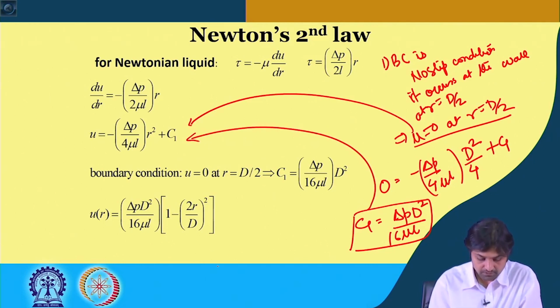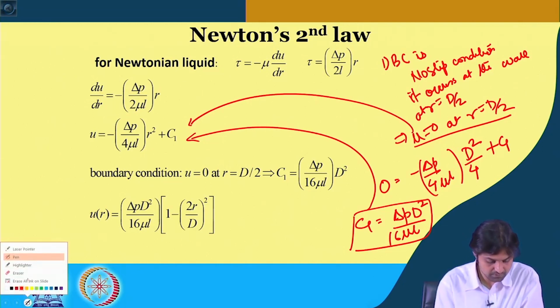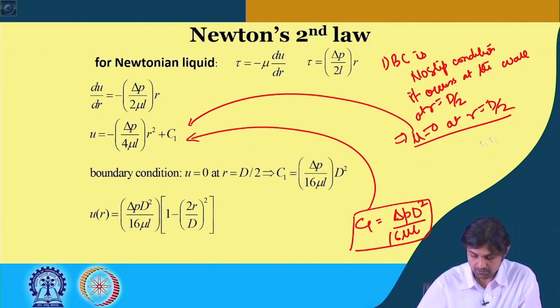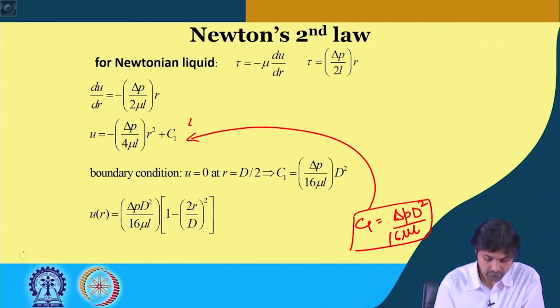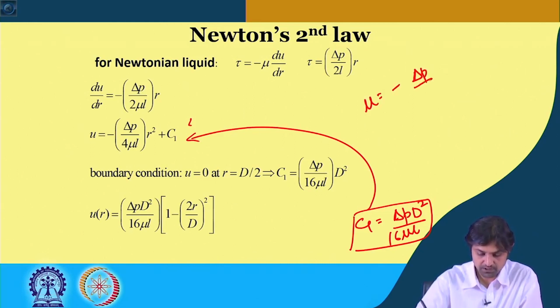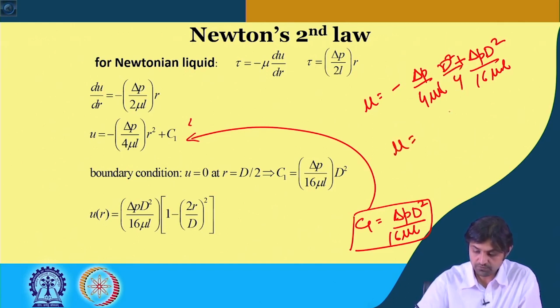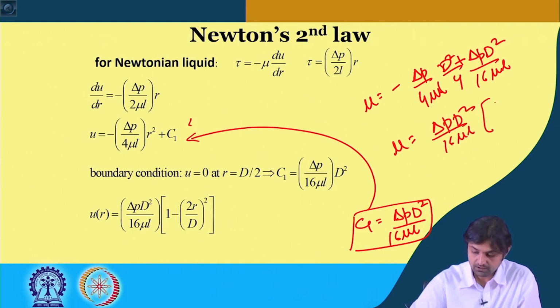Let's do that. So u will be minus delta P by 4 mu L into r square plus C1, which is delta P d square by 16 mu L. Sorry, this is not d, this is r square.